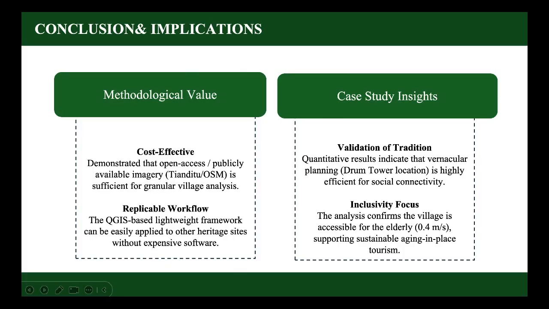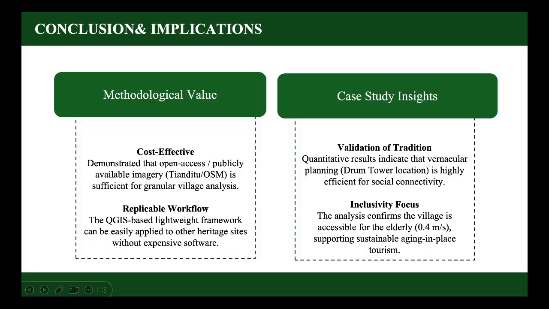In conclusion, this study offers two key contributions. First, methodologically, it demonstrates that a lightweight QGIS workflow based on publicly available imagery with targeted manual digitization can produce useful evidence for village-scale walking accessibility analysis.